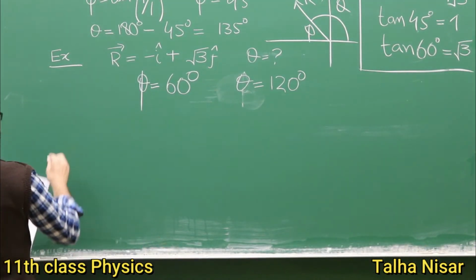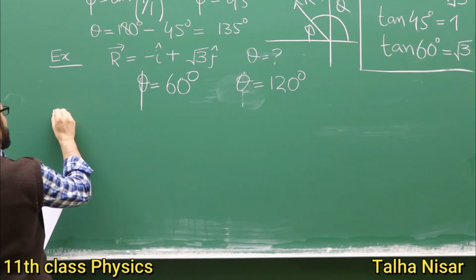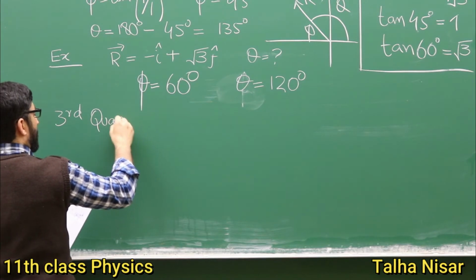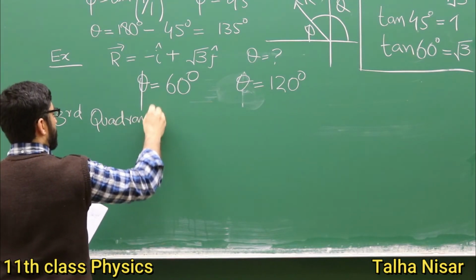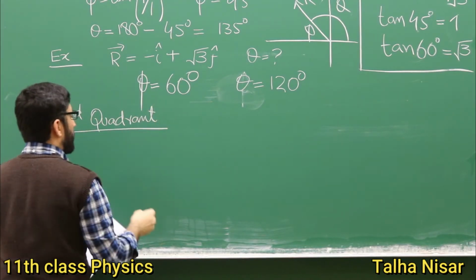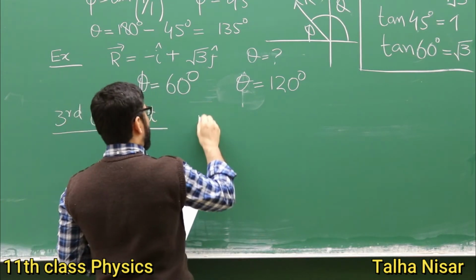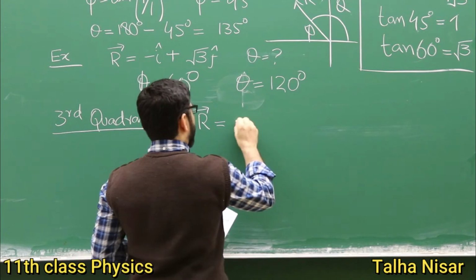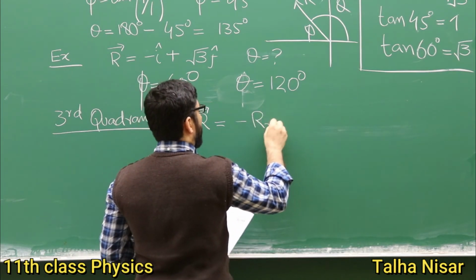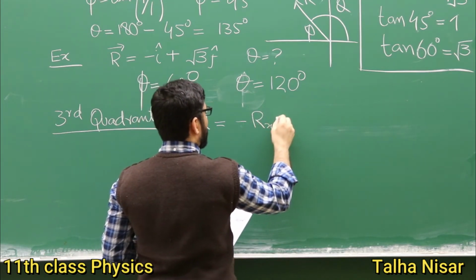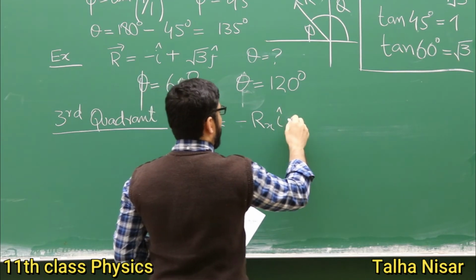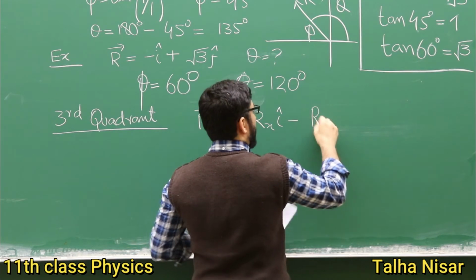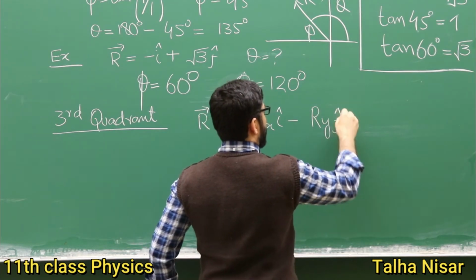Now we talk about the third quadrant. If we have the vector in the third quadrant, the value of x is negative, and y is also negative.